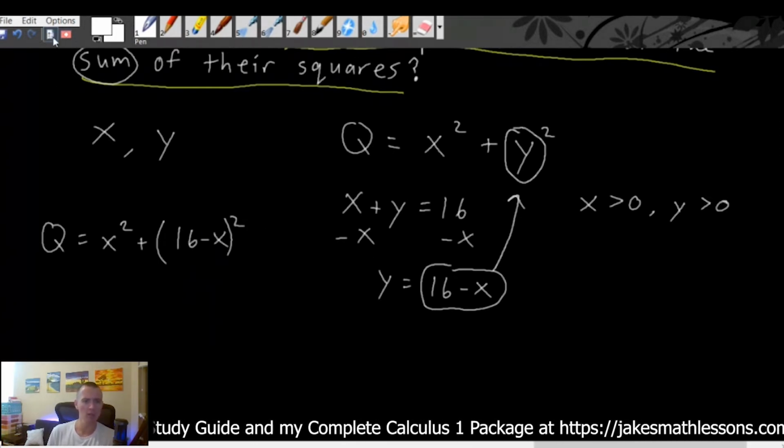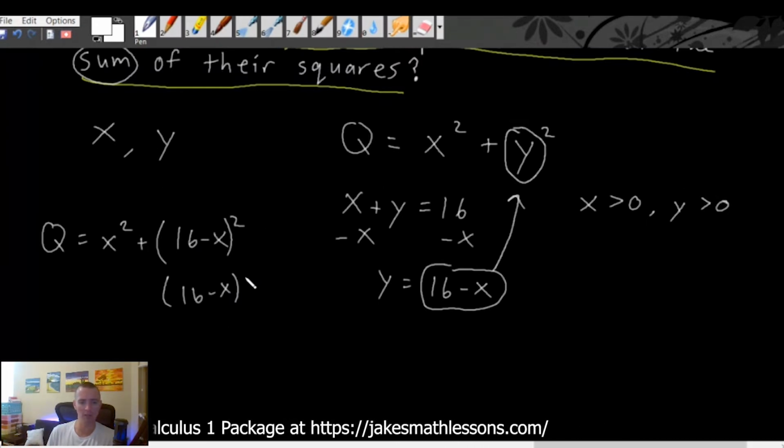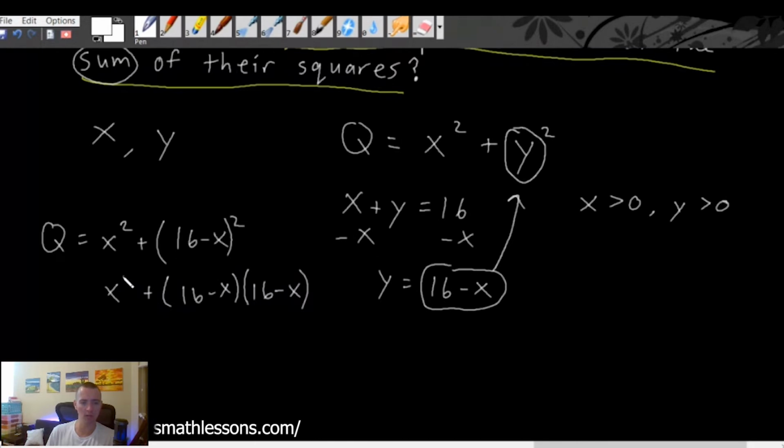Okay, so now let's think about (16 minus x) all squared. That would be the same as saying 16 minus x times 16 minus x. So then we can FOIL that out to kind of simplify things for us. So 16 times 16 is 256.